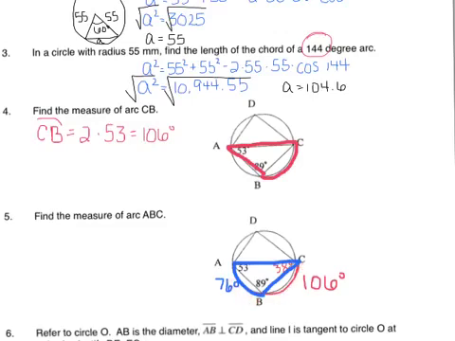Okay, so 76 plus 106 is going to give me 182 degrees. So not quite half the circle. Make sure you don't make assumptions that that line goes straight through the center. Sure looks like it does, and it's awfully close, but it's not actually the center.